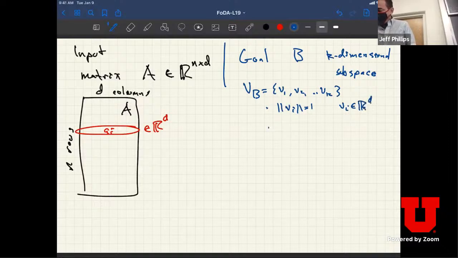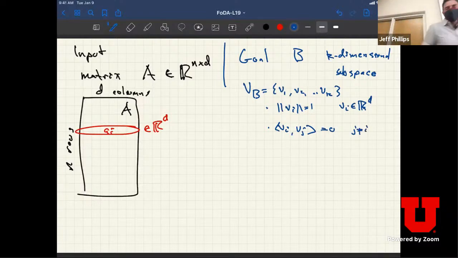We're going to have that Vi dot Vj is 0 for j not equal to i, so the different vectors are orthogonal to each other.